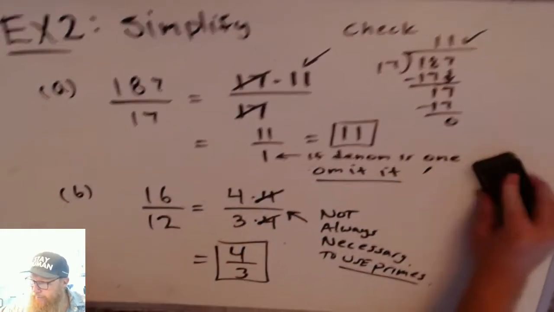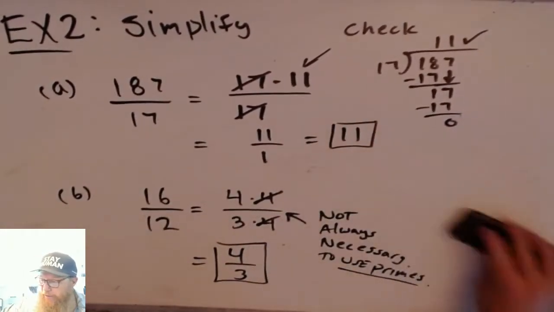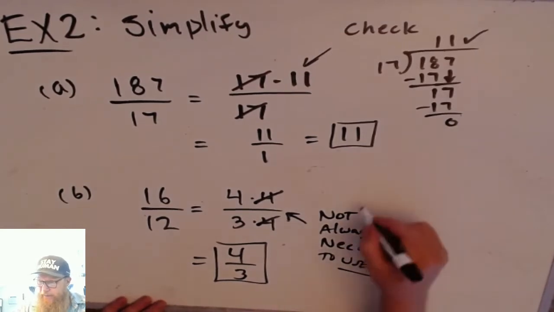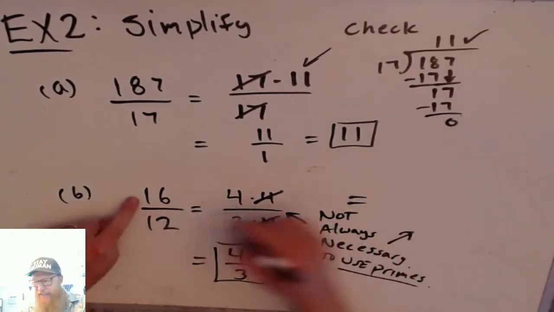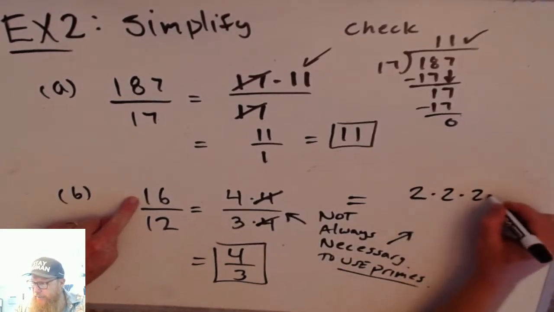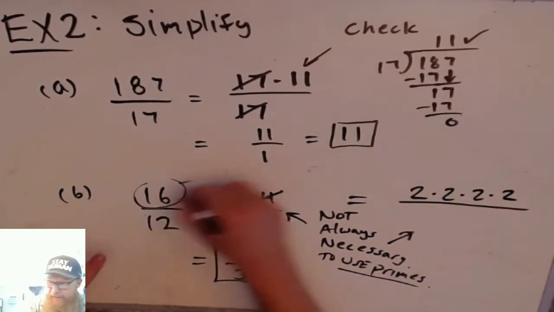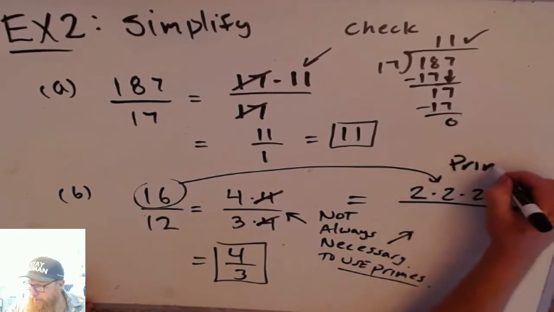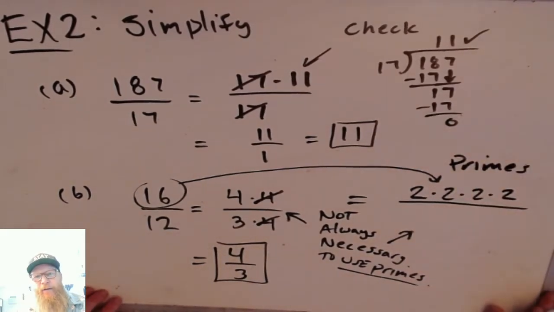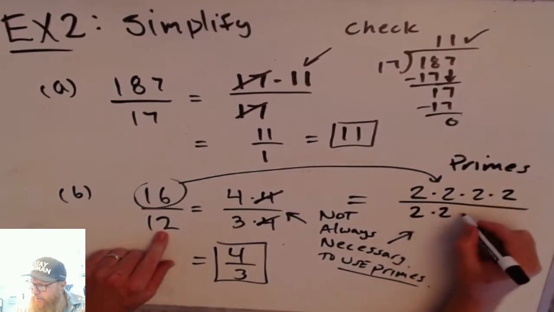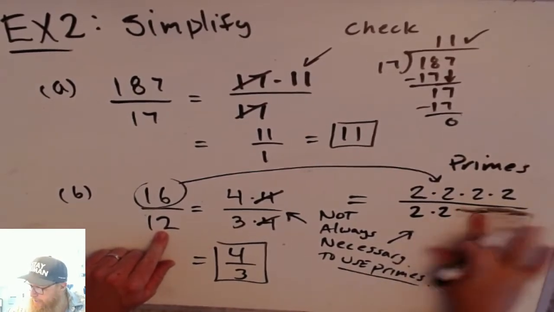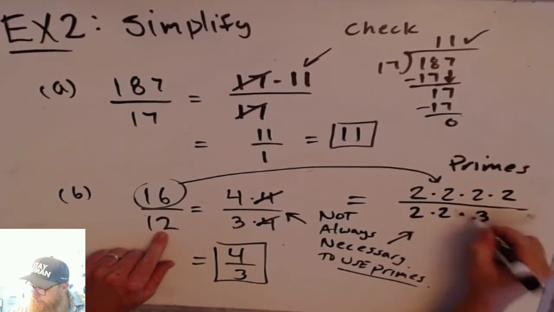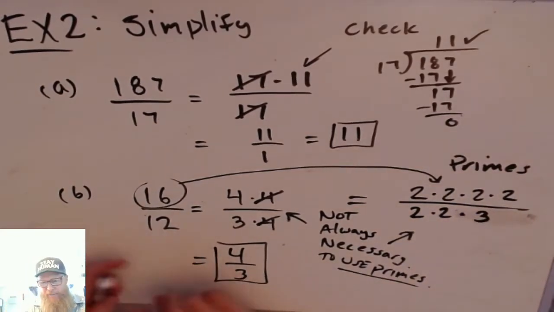All right. I know a lot of people don't want to do the problem twice, but try it again. 16 is 2 times 2 times 2 times 2. That would be using primes. And then 12 is 2 times 2 times 3, that's 12.